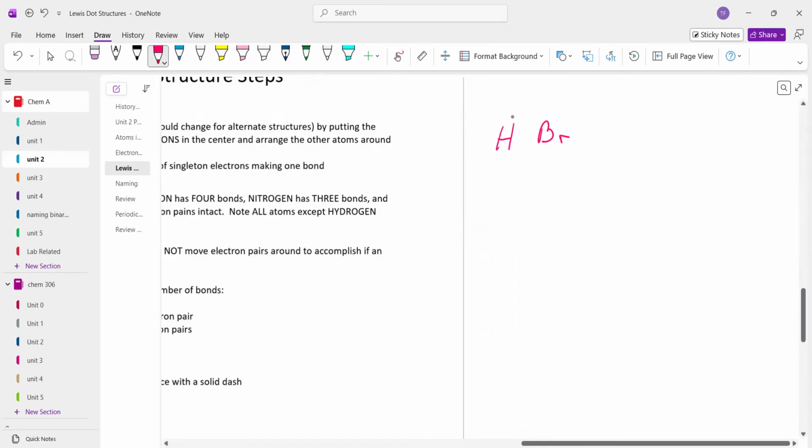Okay, so HBr. H has 1 singleton. Br has 7 electrons, 1 singleton, 3 pairs.